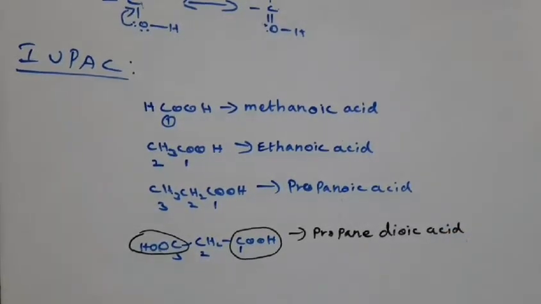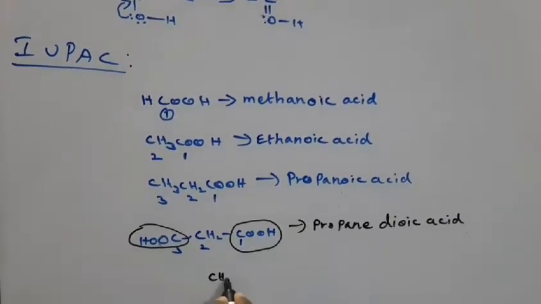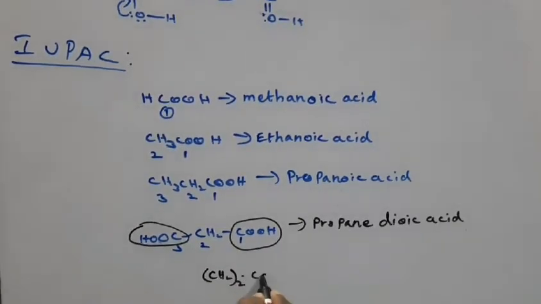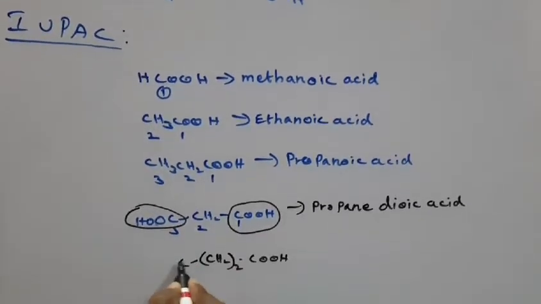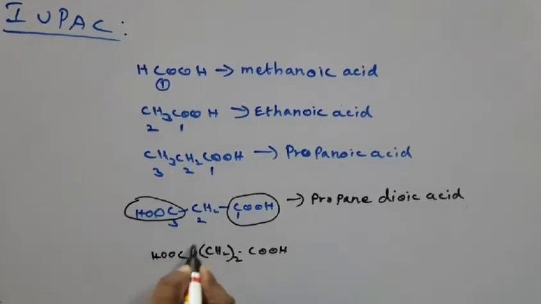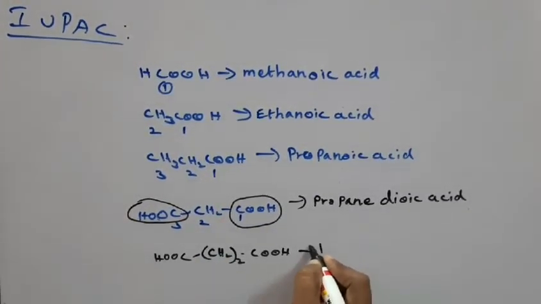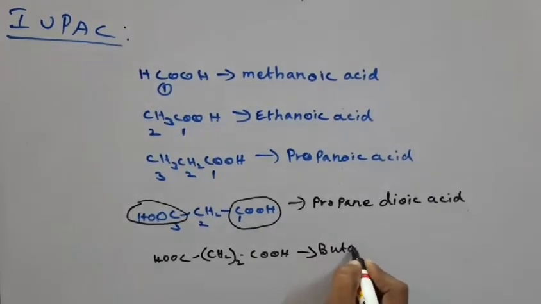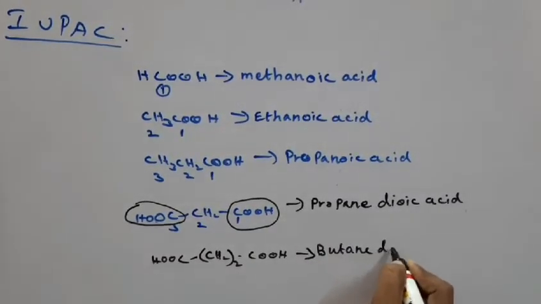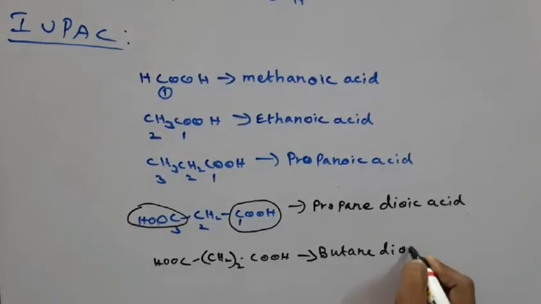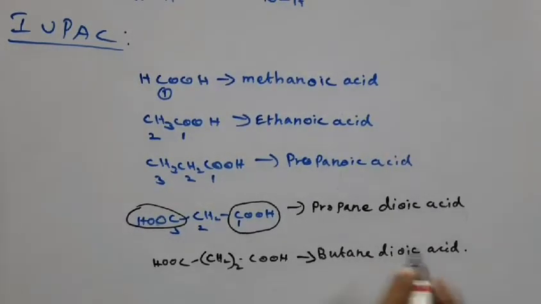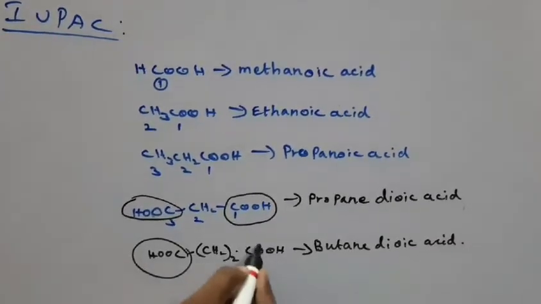Suppose this is CH2, CH2, COOH, COOH. So this is what? Butane, so that is butane dioic acid. Here two carboxyl groups are present.